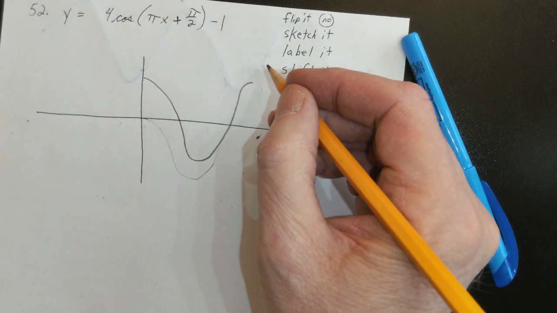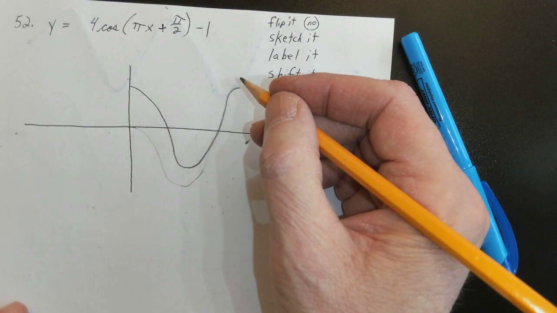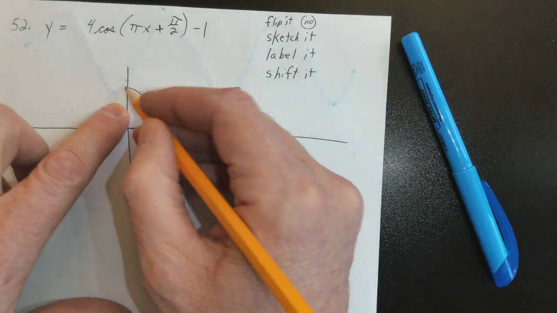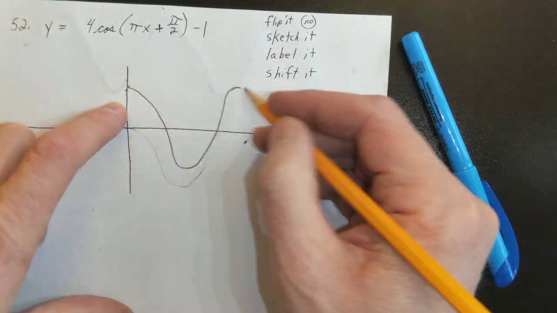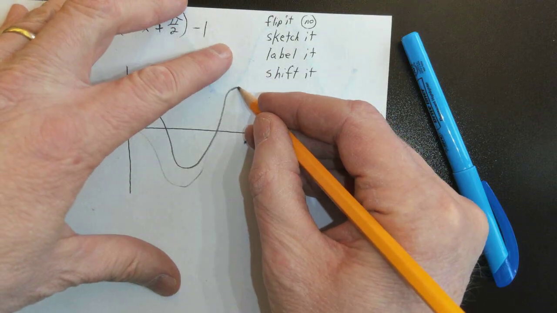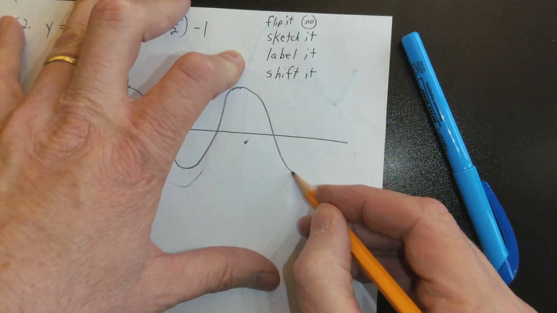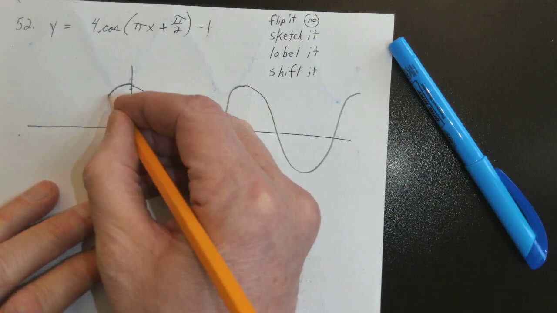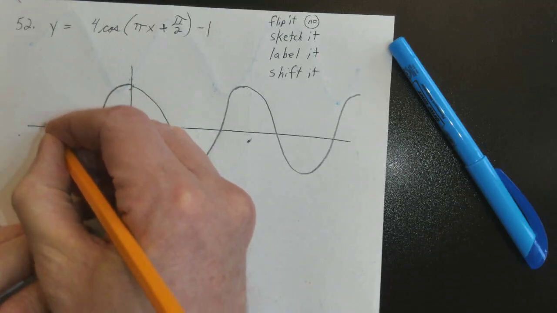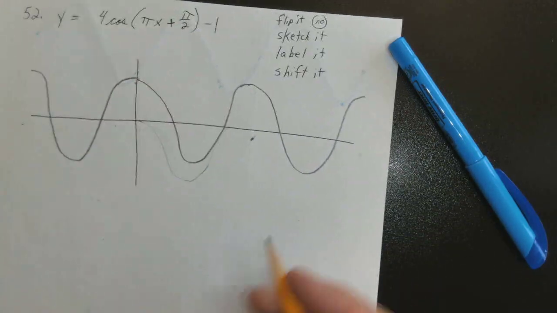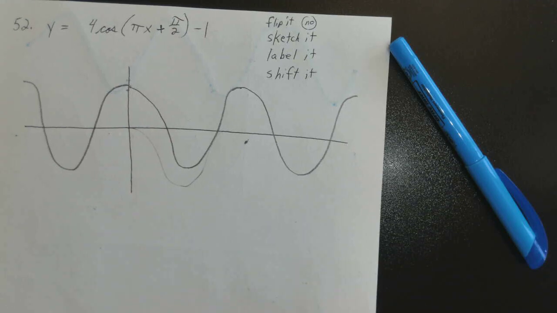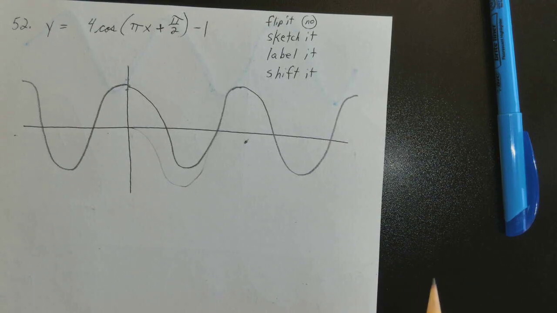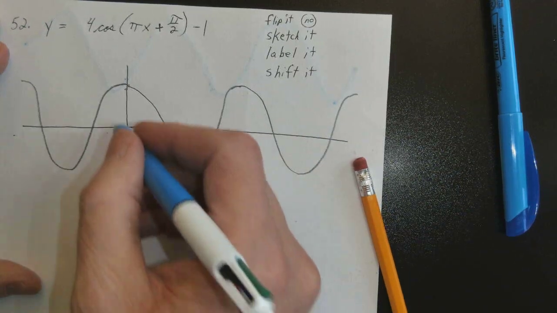Is that the cosine parent? Cosine 0 is 1, so yeah, it starts up here. All right. Then we'll do it again. We'll end up here. And then we'll come on this side and do one period of cosine. Now, so I've got it sketched. I'm going to label it. I'll label it in pen here.